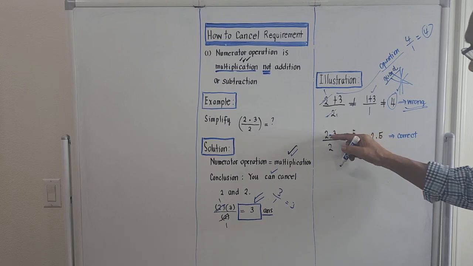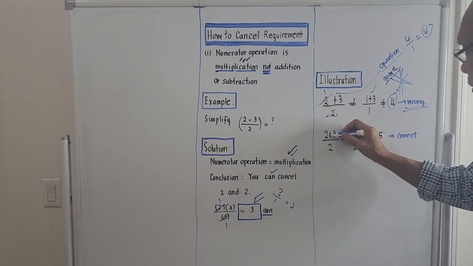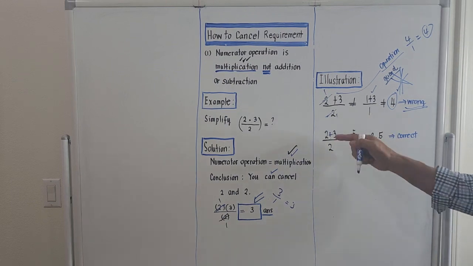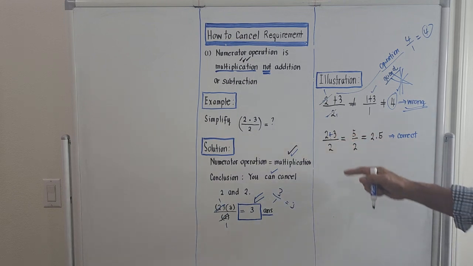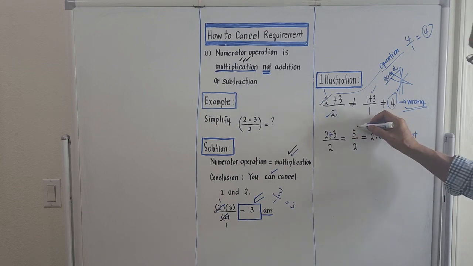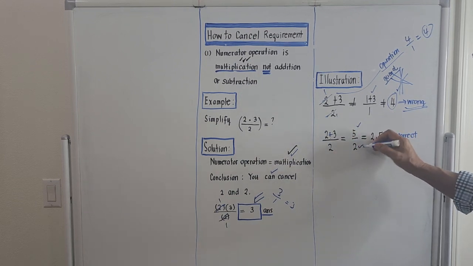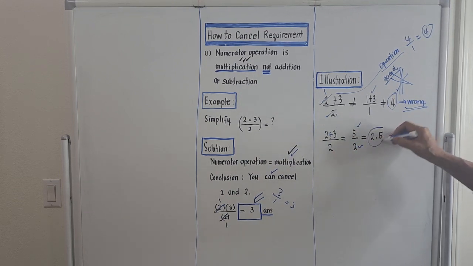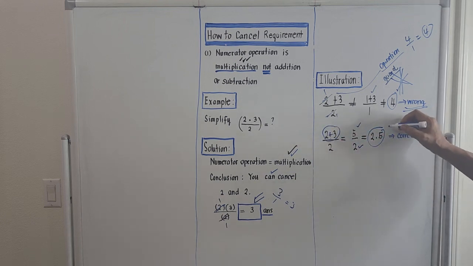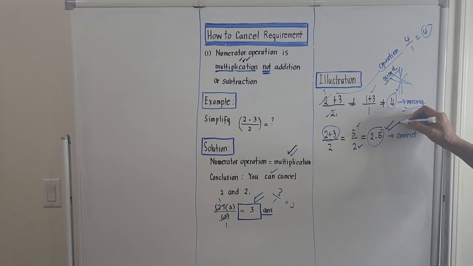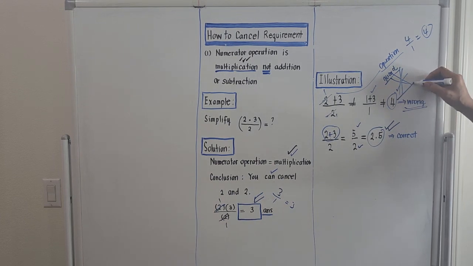Supposing this is plus, the proper way to simplify this one is no cancellation. Proceed with the addition. 2 plus 3 will be 5 all over 2, and 5 over 2 will be 2.5. So if the operation here is plus, the correct answer will be 2.5, and the wrong answer is 4.